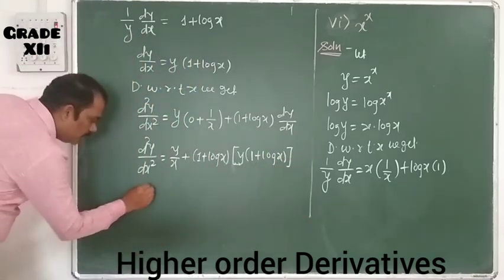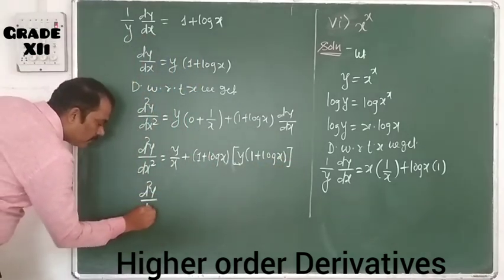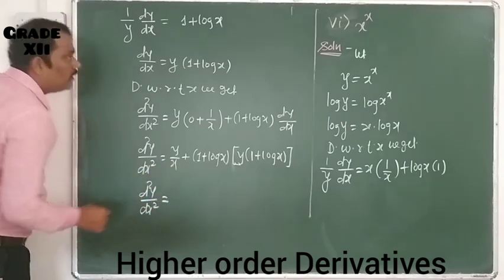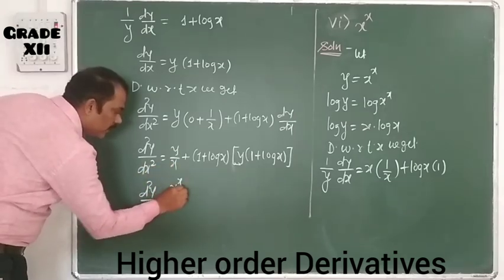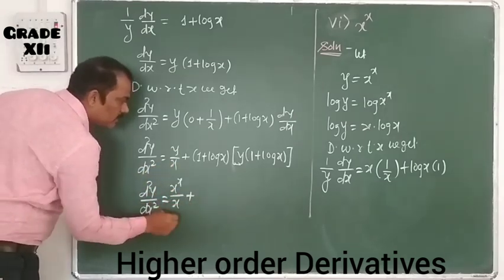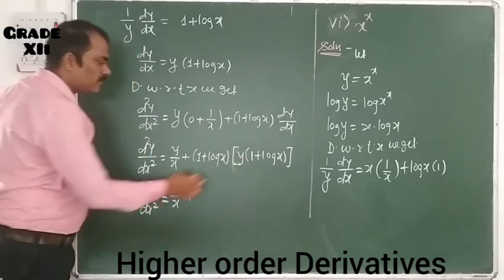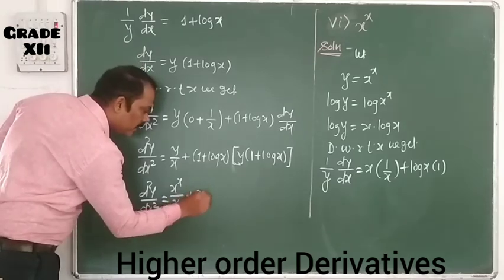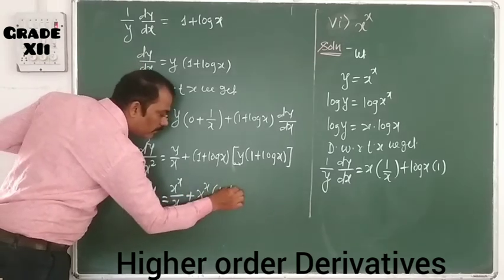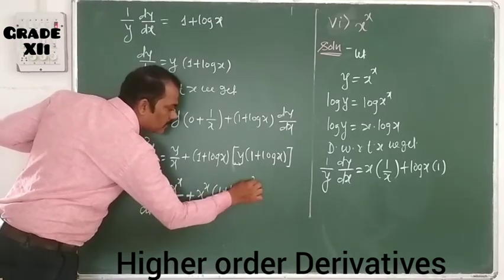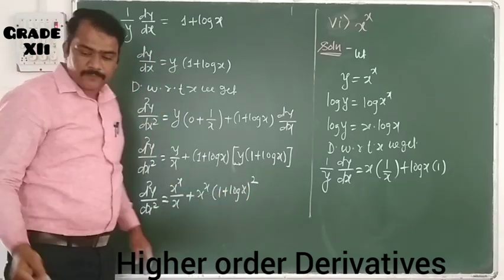So d2y by dx square is equal to, what is the value of y? It is nothing but x raised to x, divided by x, plus 1 plus log x into 1 plus log x, that is (1 plus log x) whole square. The value of y is nothing but x raised to x into (1 plus log of x) whole square.